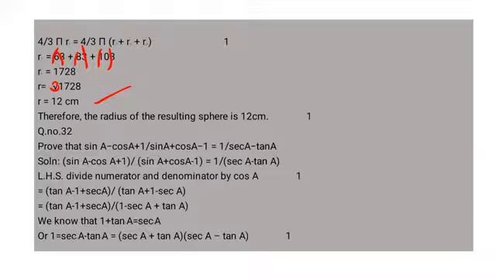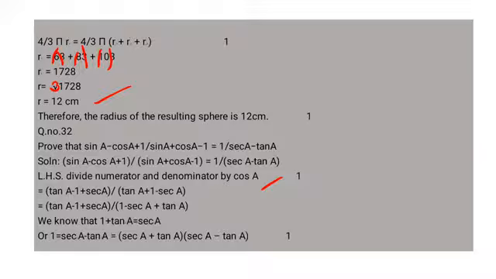Divide numerator and denominator by cos A in LHS. So we get (tan A minus 1 plus sec A) divided by (tan A plus 1 minus sec A), or (tan A minus 1 plus sec A) over (1 minus sec A plus tan A).